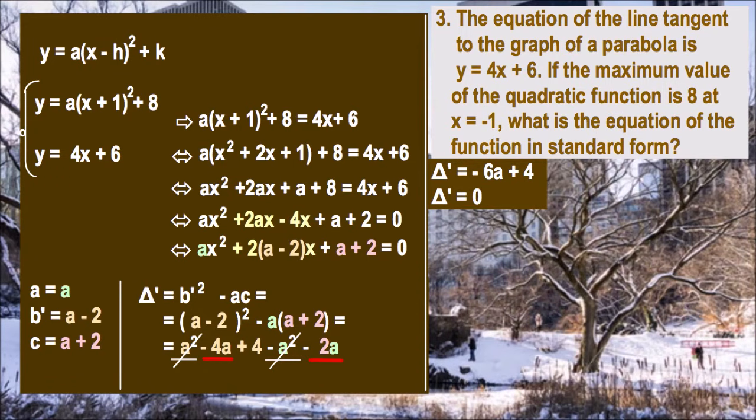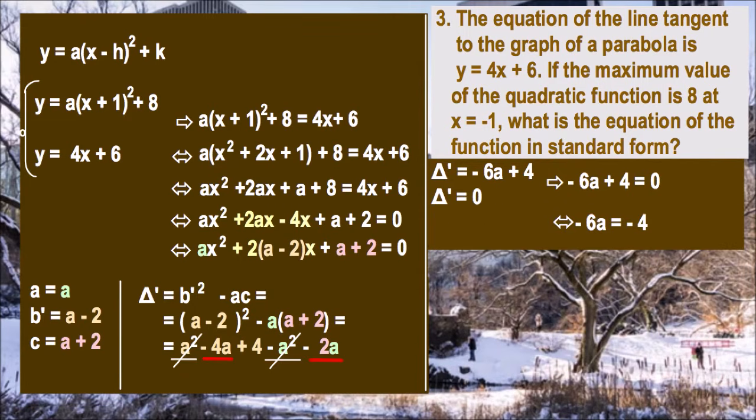The discriminant prime, as we stated earlier, has to equal 0 for there to be one solution. Thus, negative 6a plus 4 equals 0, which is equivalent to negative 6a equals negative 4.